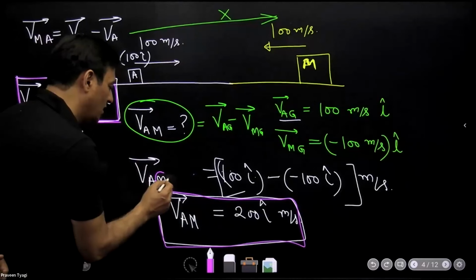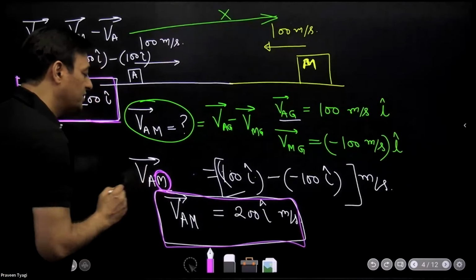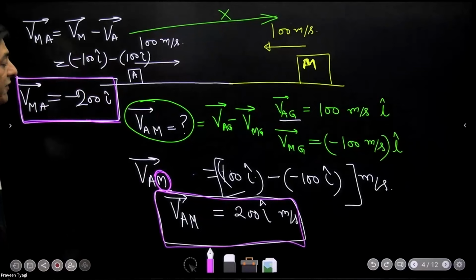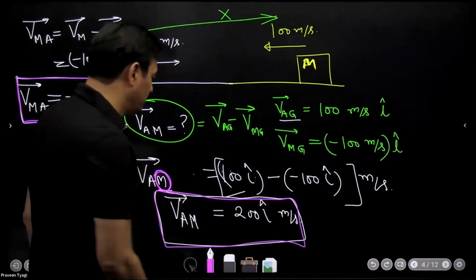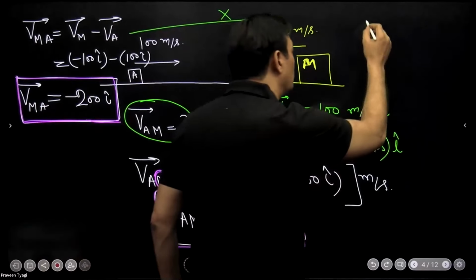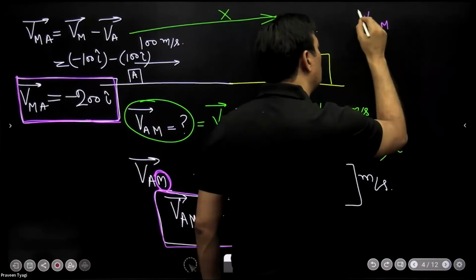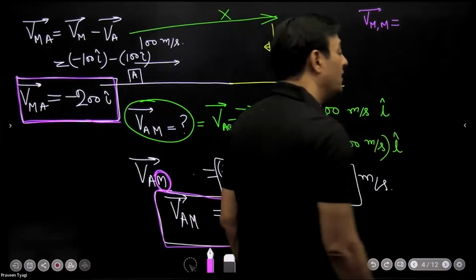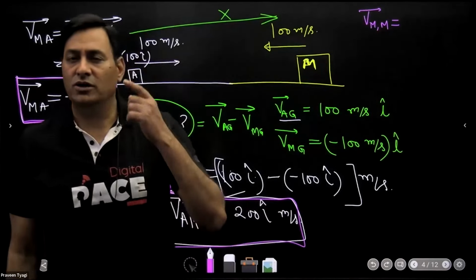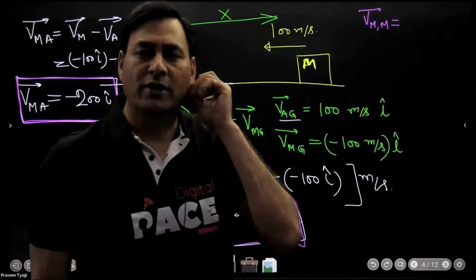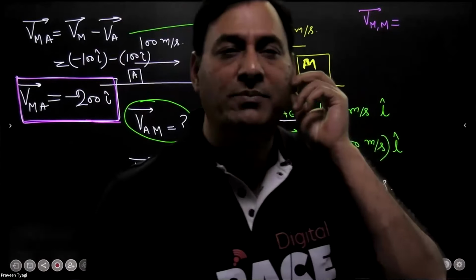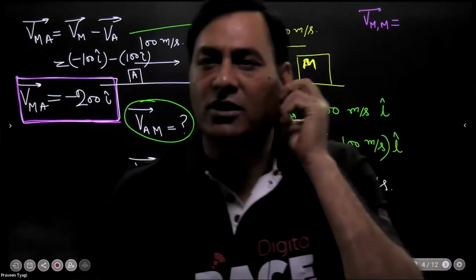Minasri is the observer. Now, if I ask you one advanced question, and that advanced question is, what is the velocity of Minasri as observed by Minasri? Who will tell me? Everyone's attention has to be on the board. There is something very beautiful I'm going to teach you. Those who will pay attention will enjoy this topic a lot.